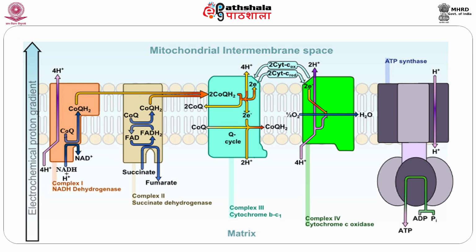Complex 4 is also known as cytochrome C oxidase because it accepts the electrons from cytochrome C and directs them towards the 4 electron reduction of oxygen to the final destination, namely 2 molecules of water. So, to make 2 molecules of water, it takes 4 electrons and these electrons come one at a time.